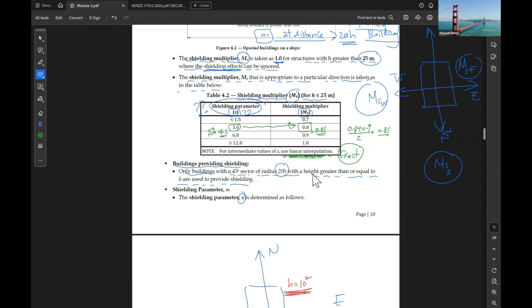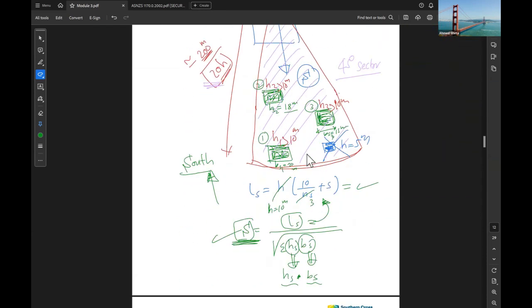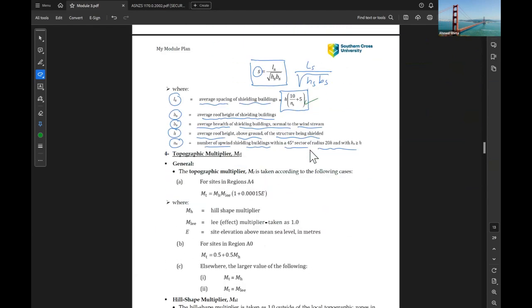Okay, so the next parameter is the topographic multiplier MT. The topographic multiplier MT is taken in accordance with the following cases.